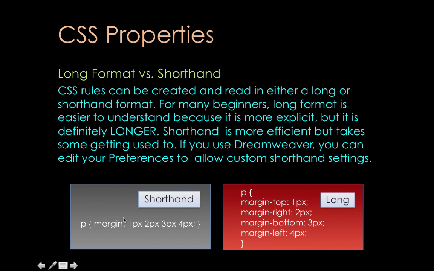Whereas on the left-hand side, where we have the shorthand, it's a lot simpler to look at, and the trick is learning the order in which these values come. The best way to think of this is like looking at the way a clock's hand turns. It turns clockwise, and we're all used to talking about things in terms of clockwise or counterclockwise.